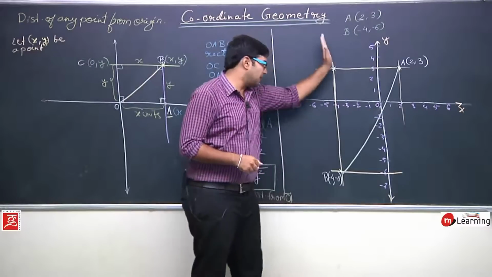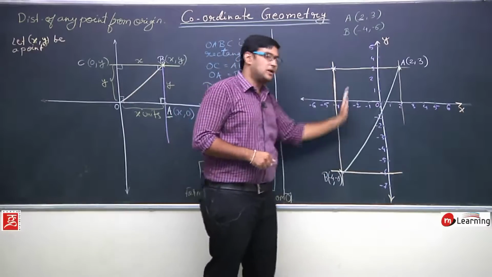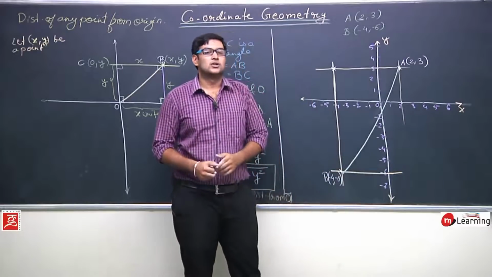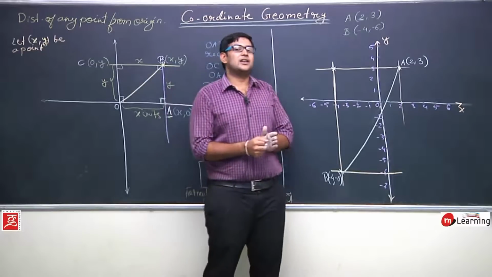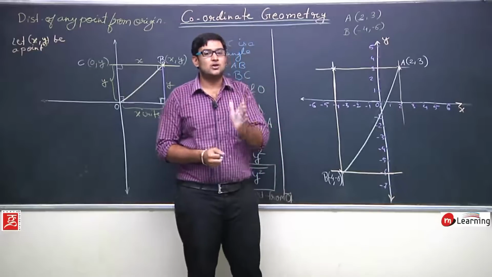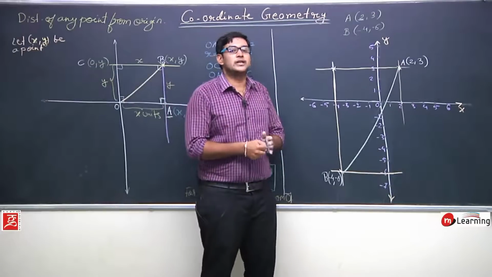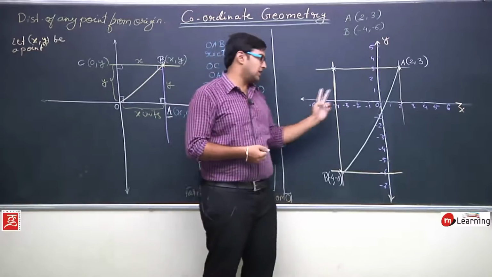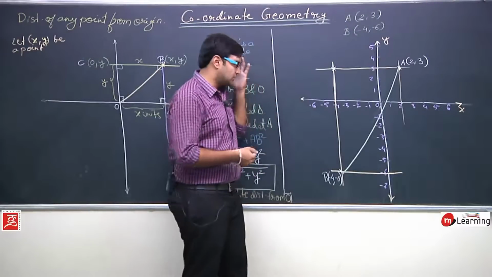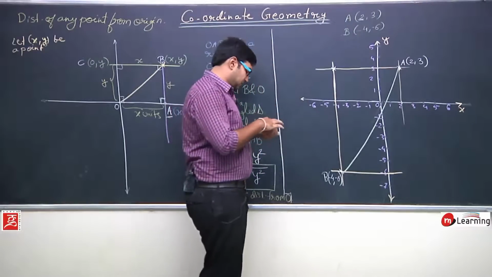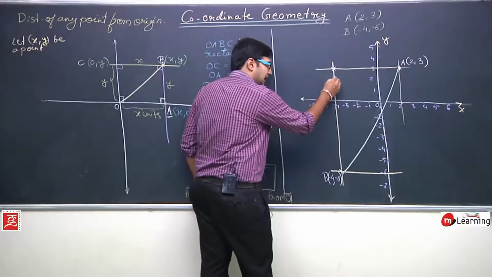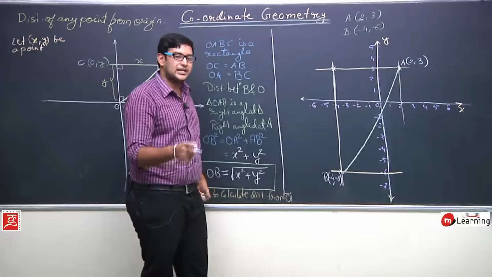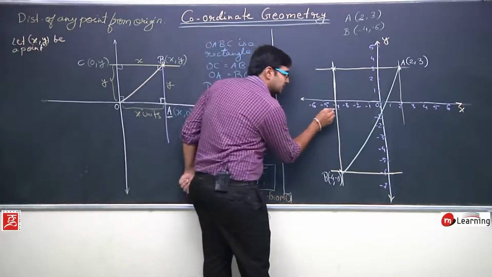And if I draw a perpendicular at this, this line will become parallel to this y-axis. And we also know that the distance between two parallel lines will always remain constant. These two lines will never meet, hence the distance between these two lines will always be constant. So I will say that any point which lies on this line will have x coordinate equal to minus 4.